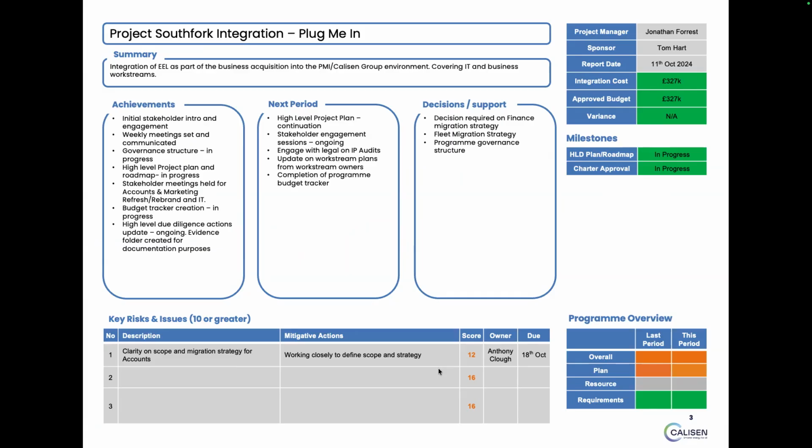No, we know what it means, so that's why we don't have it. But yes, you could put a key to say this is what the colors represent, but that's what I'm saying. It's not everything you're gonna get a key for. Standard RAG, red, amber, green. Green, good, in progress. Amber, slight issues, but we're still moving. Red, it's on fire. Exactly.